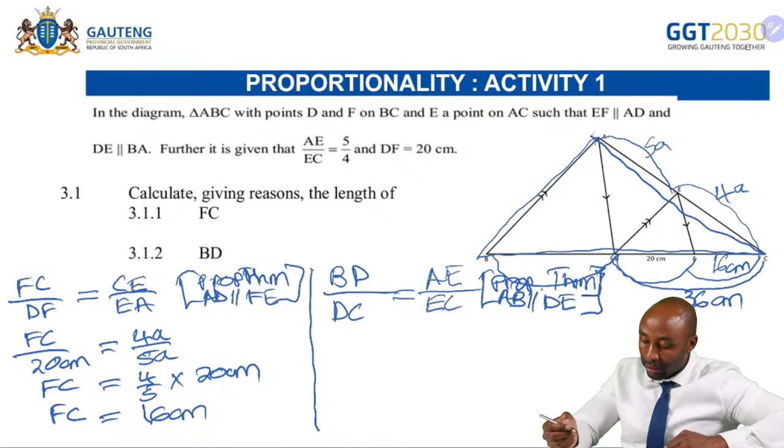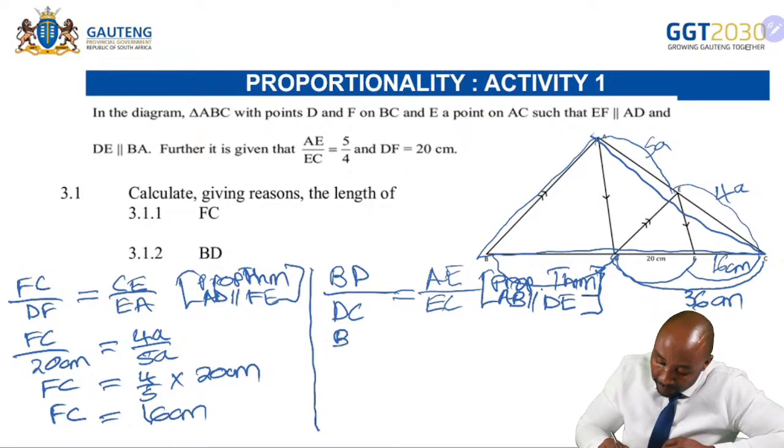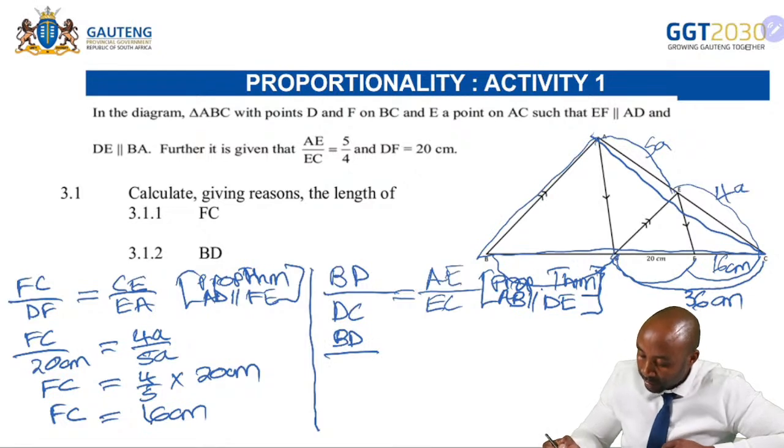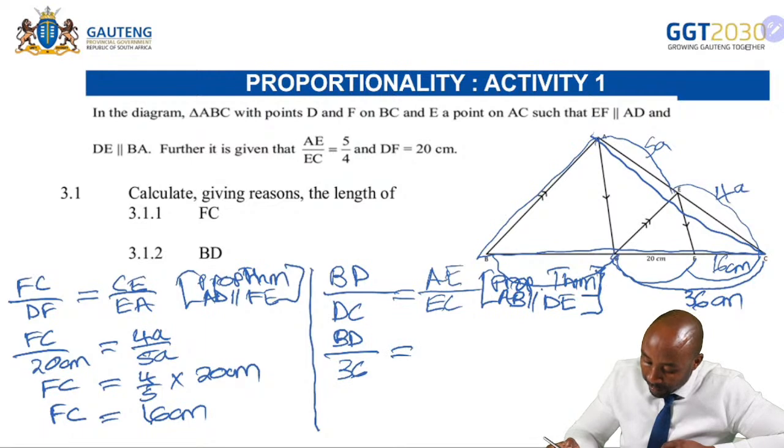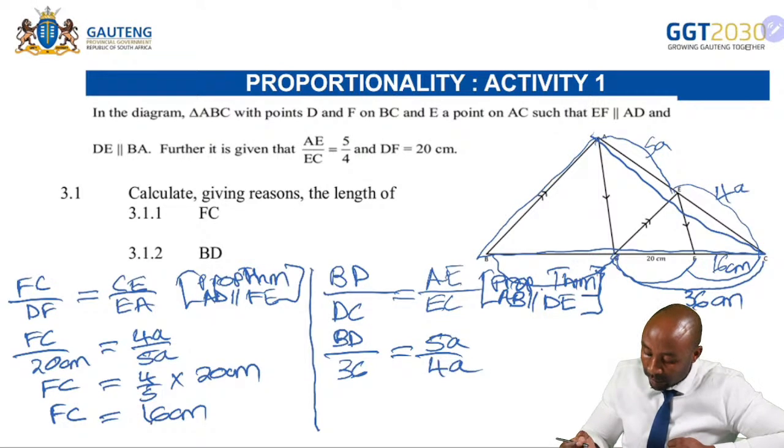Then I'm going to substitute. My BD is unknown. My DC, I calculated it as 36. My AE is 5A, and my EC is going to be 4A.